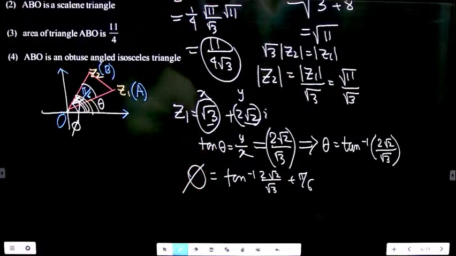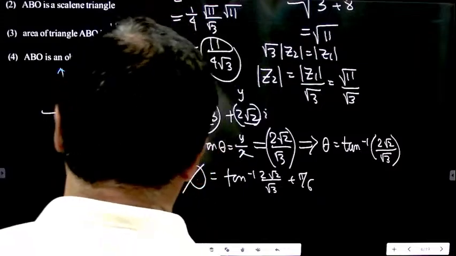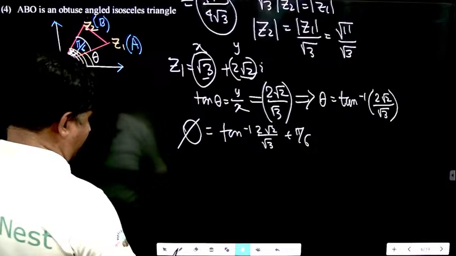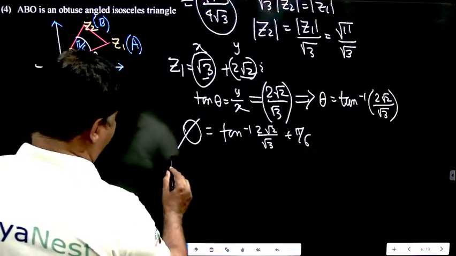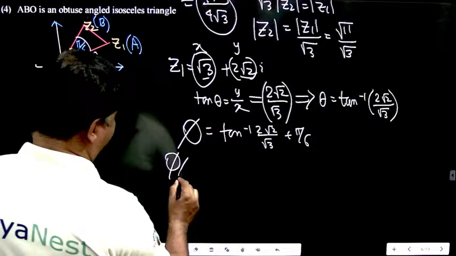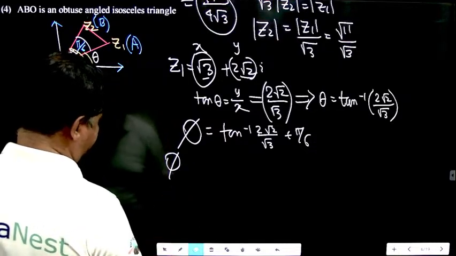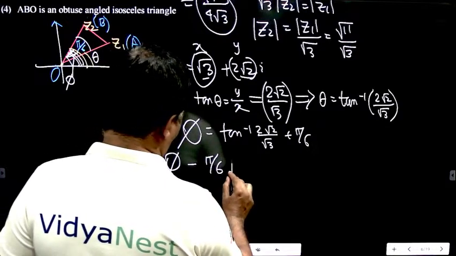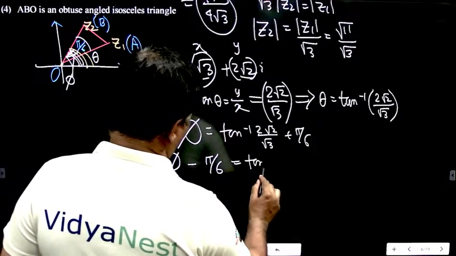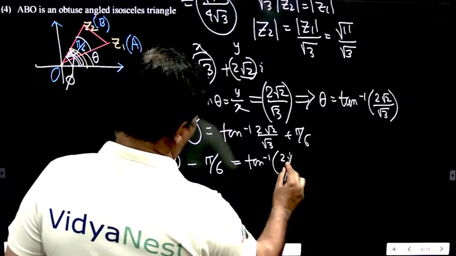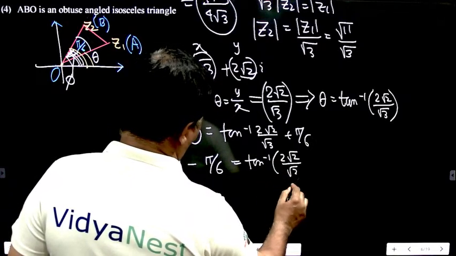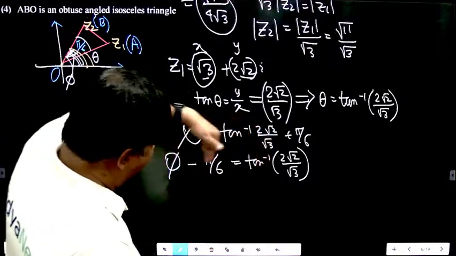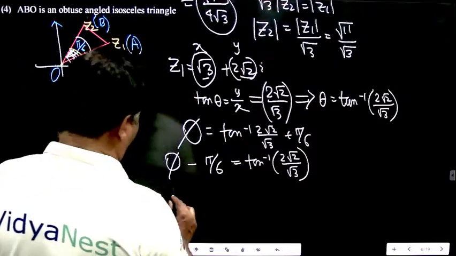Now from here, what conclusion can I draw? How can I get the value of phi? That is a big issue. Pi by 6, you bring in the left hand side. Tan inverse of this. So if you bring tan in the left hand side, the inverse will be wiped out.